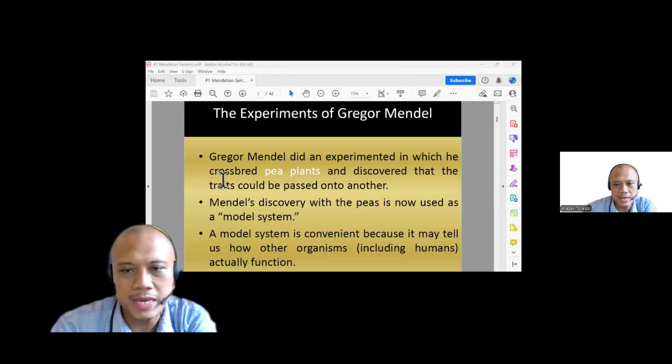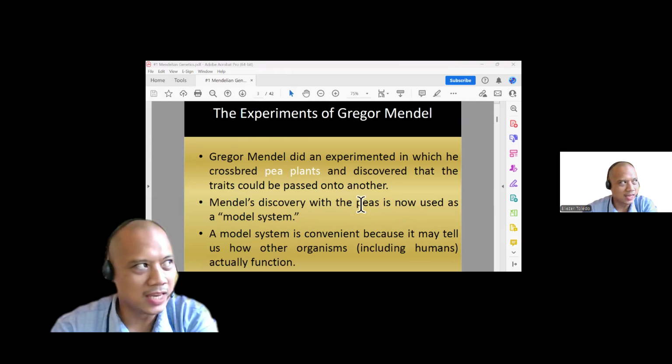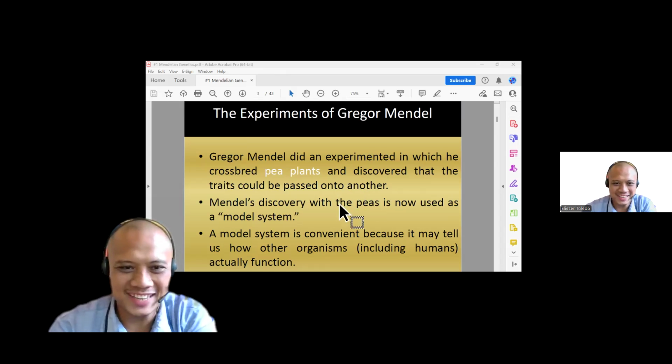Mendel's discovery with the peas is now used as a model system primarily for inheritance. A model system is convenient because it may tell us how other organisms, including us humans, actually function. Together with your blood type, it's going to be interesting and intriguing, knowing your blood types.